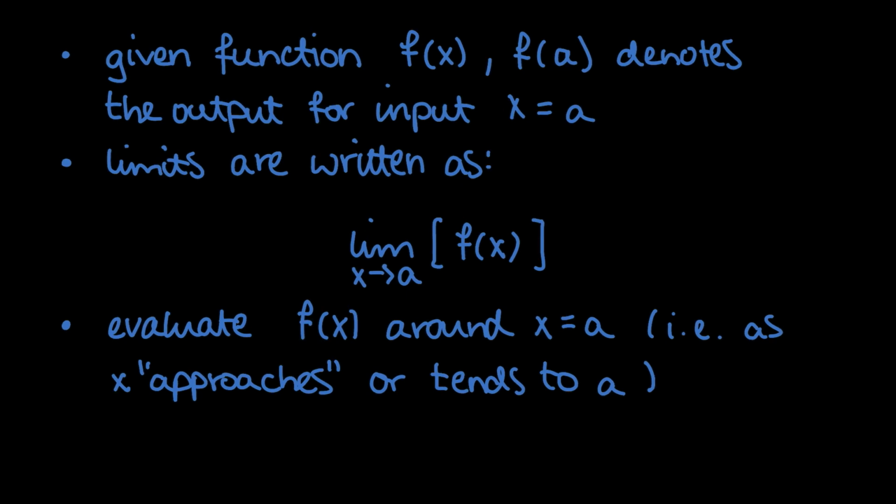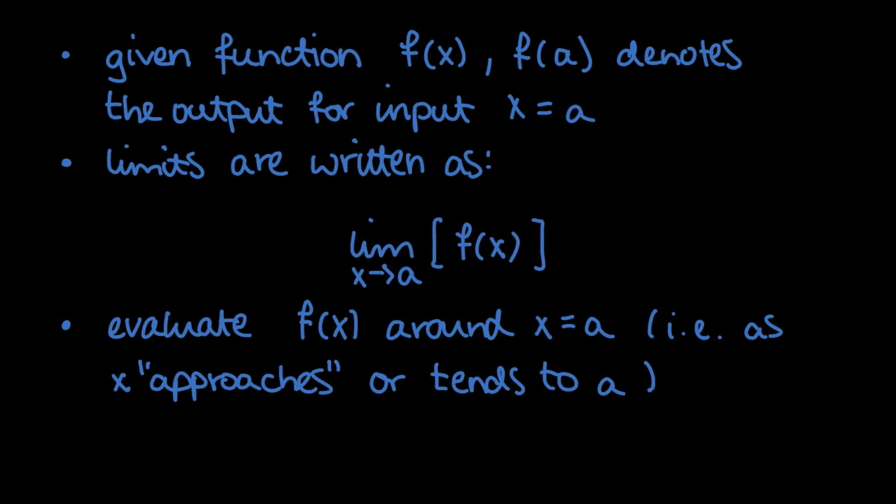In this case, the variable is x and the constant is some a, but this constant is usually given in the question. So for example, x could tend to 5 or to 3, any constant really, and sometimes it can also tend to infinity and negative infinity.